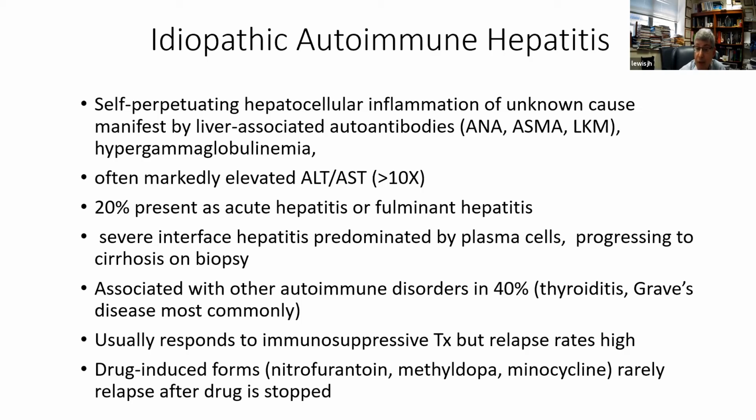20% present as acute hepatitis. For all the world, you think this is acute viral hepatitis, but it's really the first presentation of autoimmune, and it may be an acute on chronic autoimmune presentation. 40% have other autoimmune disorders, predominantly thyroid disease, Hashimoto's, Graves' disease, very common.